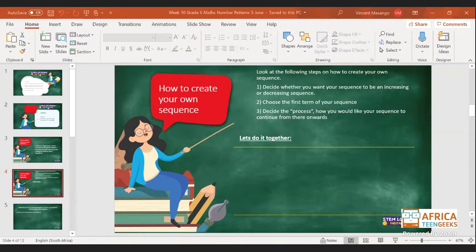So before we get into the activities that we were supposed to look at yesterday and decided to look at today, we'll start off with how to create your own sequence. The first thing will be continuing with finding the operations of a two-process spider diagram, as well as looking at how to create your own sequences.